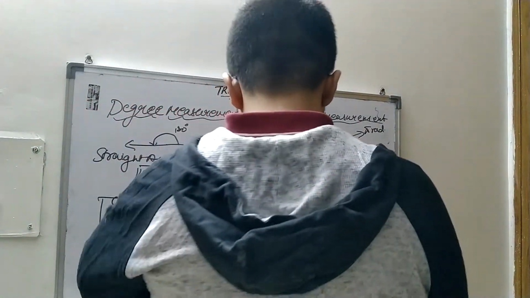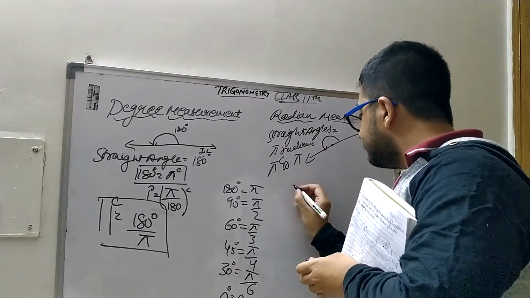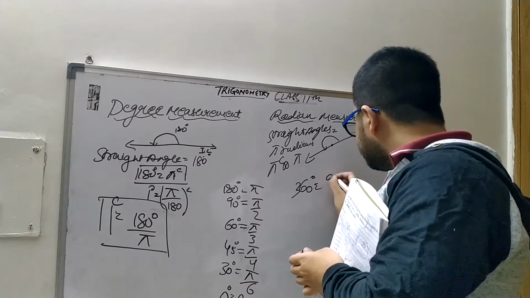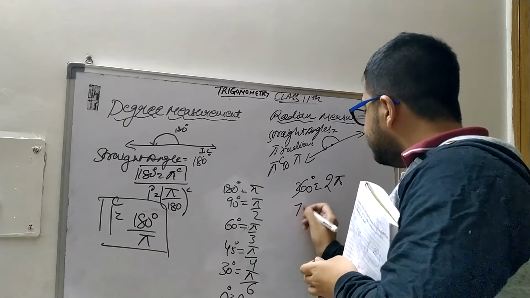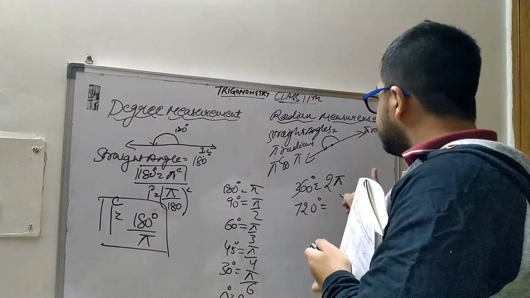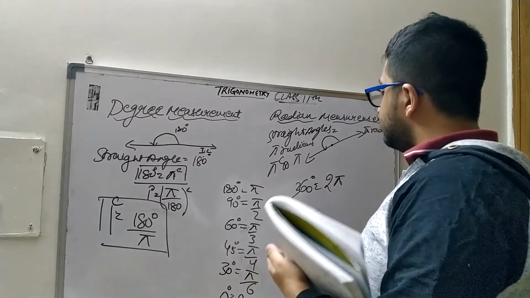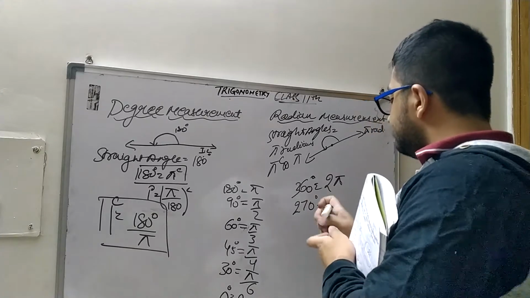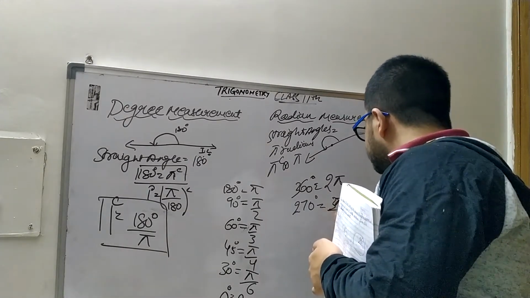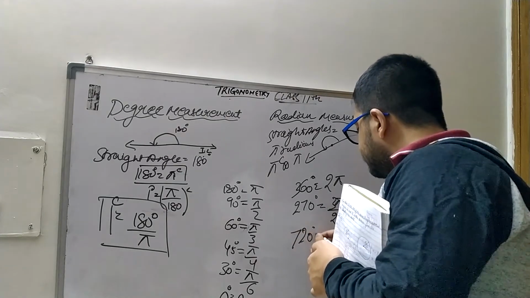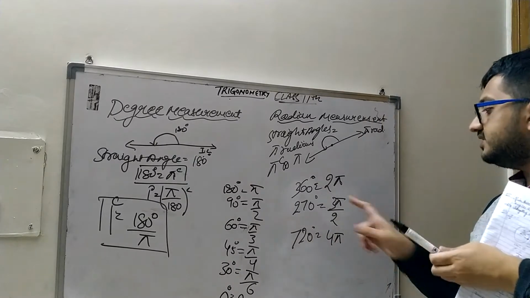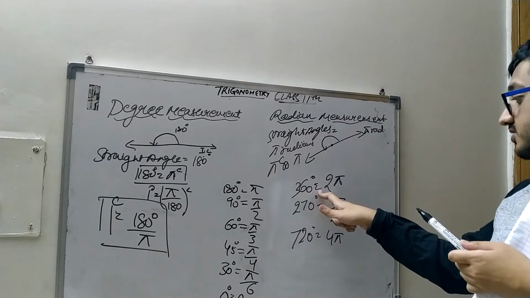If we ask what 360 degrees is in terms of radians, 360 degrees is equal to 2 pi.